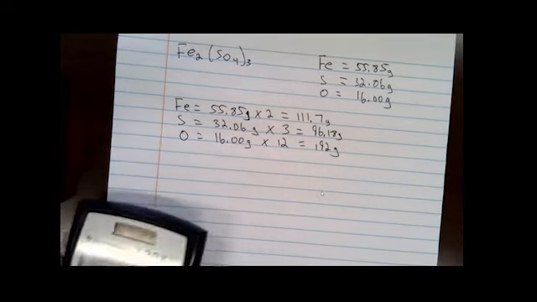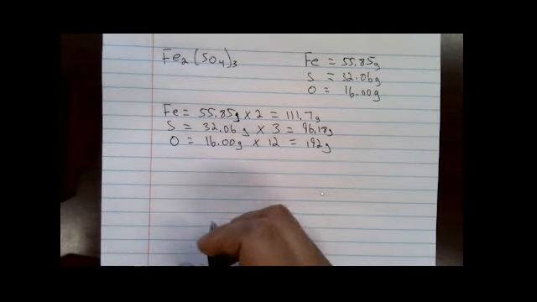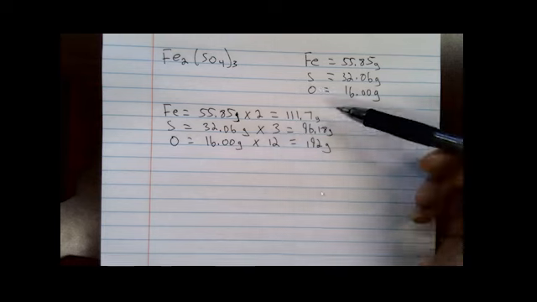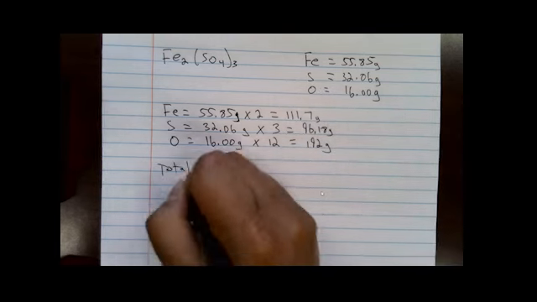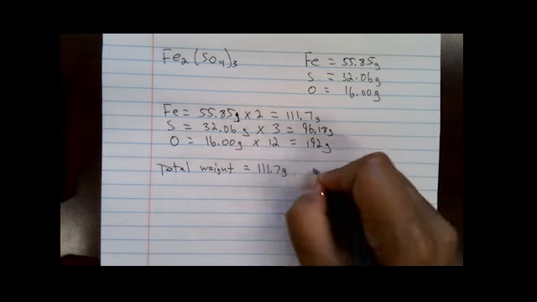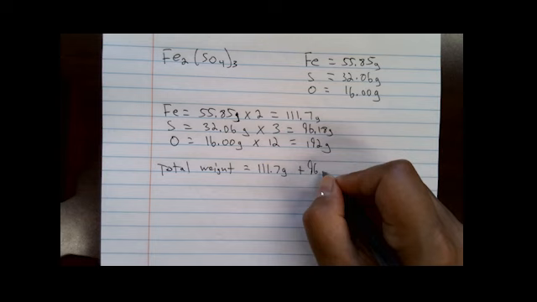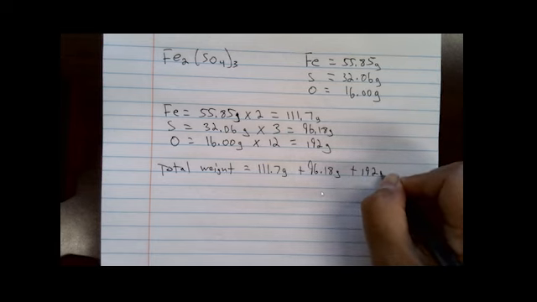So the total weight of the molecule will be the addition of all these masses. Total weight equals 111.7 grams plus 96.18 grams plus 192 grams.